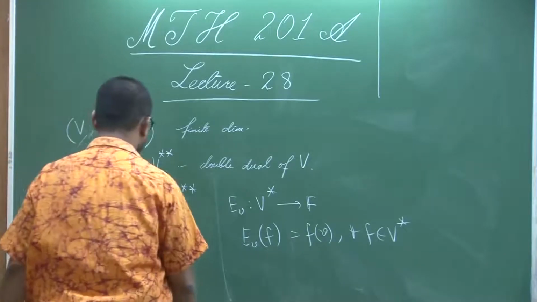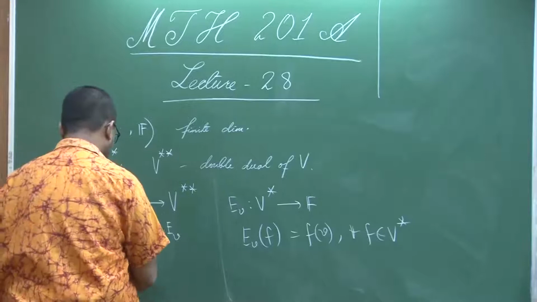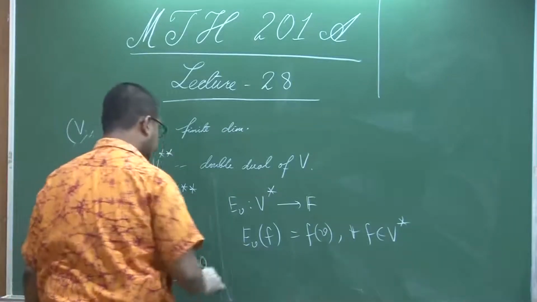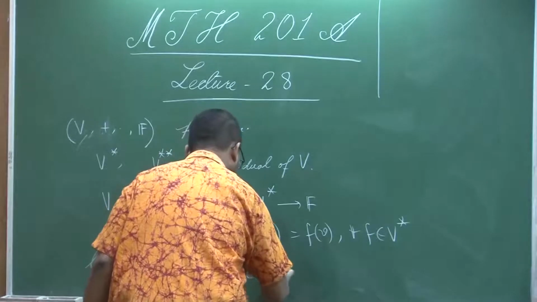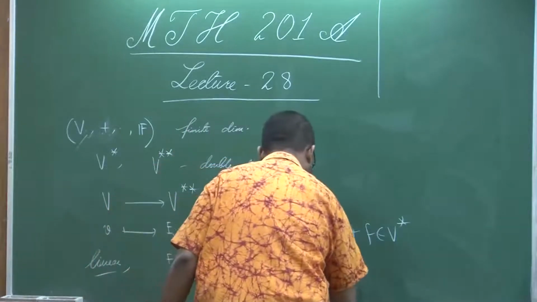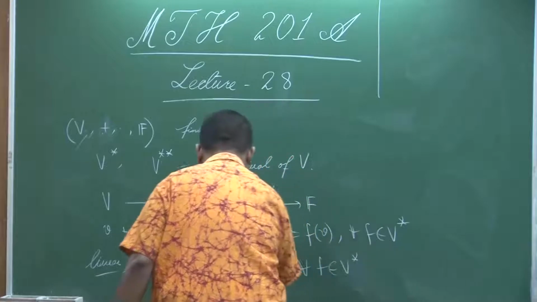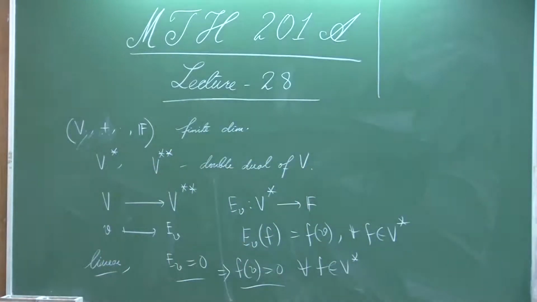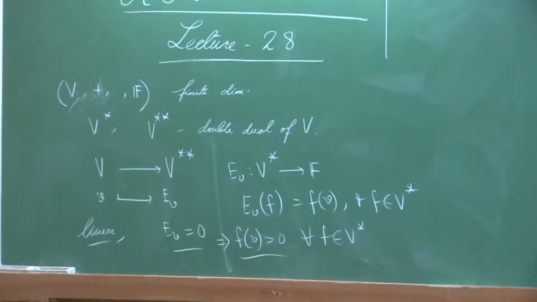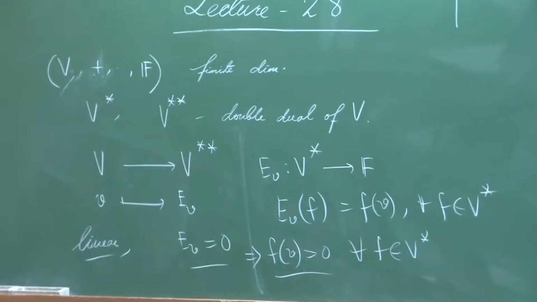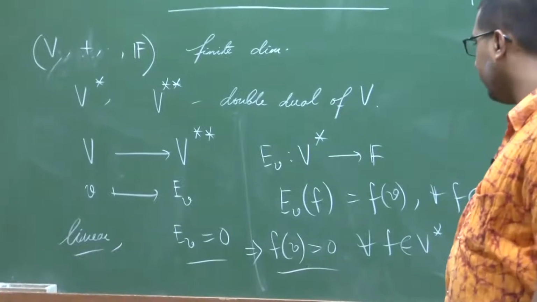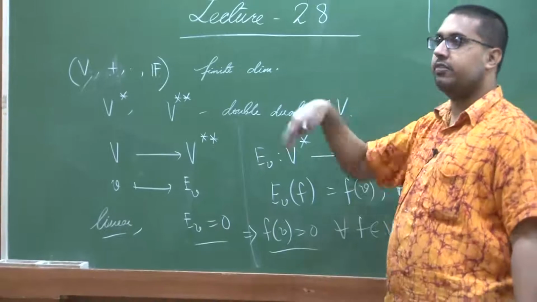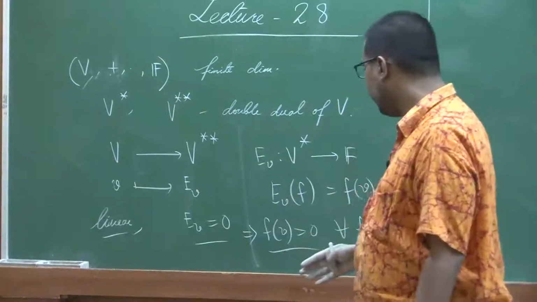Okay. Next, is that map one-one? If E_v is 0, that means for every f, f of v is 0. If you fix an ordered basis in V as usual, then consider the coordinate functions with respect to the ordered basis.